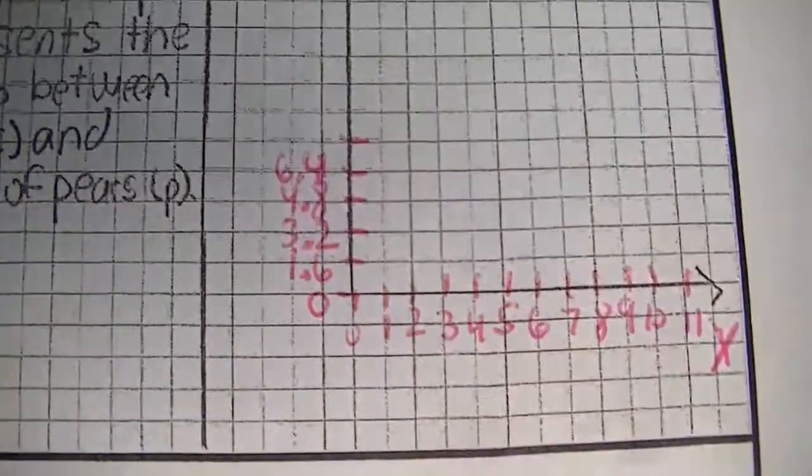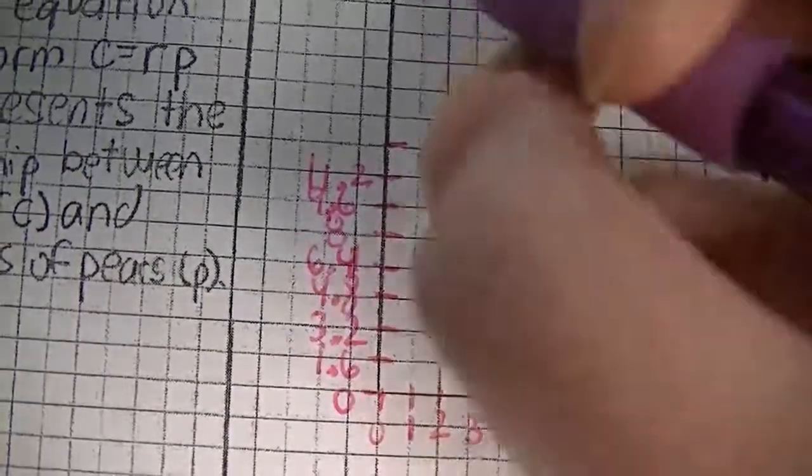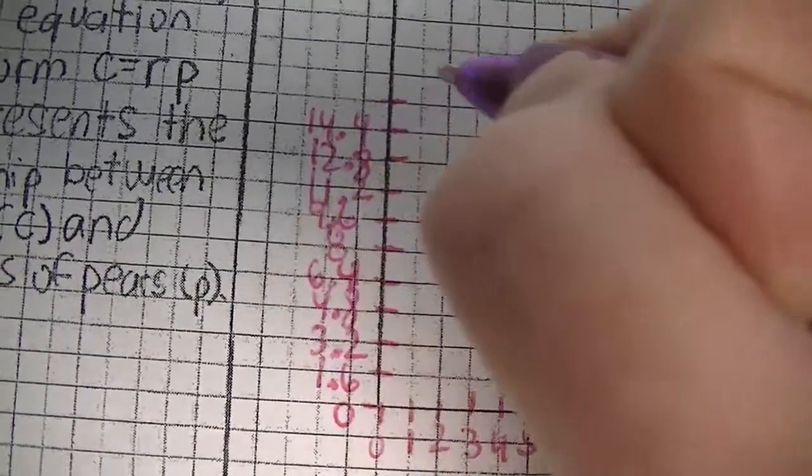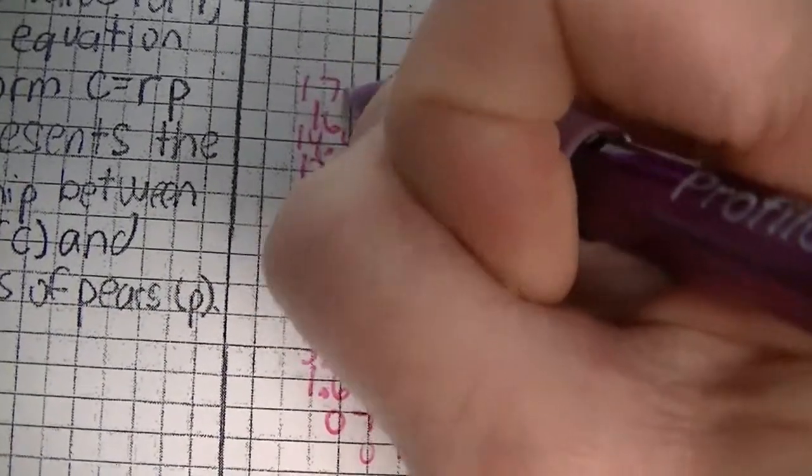And then, let's see, 8. 8 plus 1.6 is 9.6. 9.6 plus 1.6 is 11.2. 1.6 more than that is 12.8, 12 and 8/10. And then the next one, when I add 1.6 to it, is 14 and 4/10. Then the next one, when I add 1.6 to that, is 16. Then after that, it's 17.6.